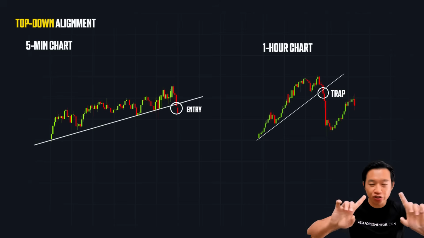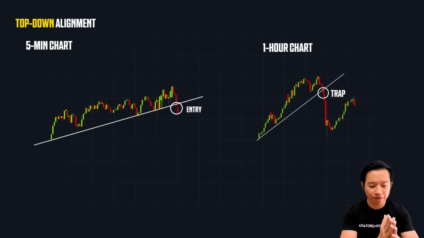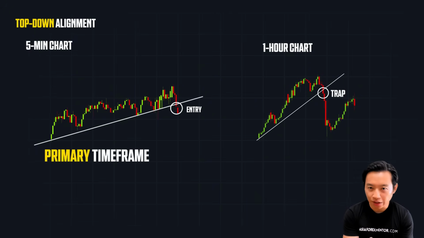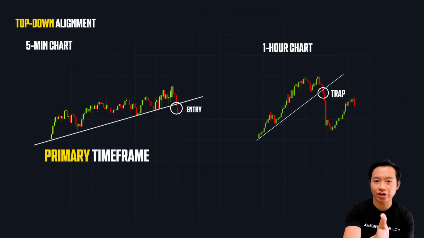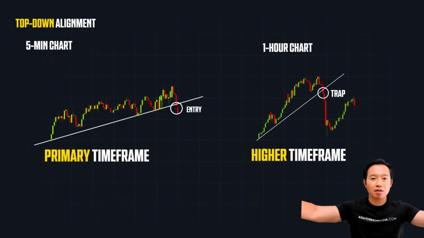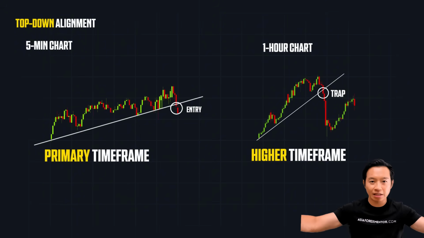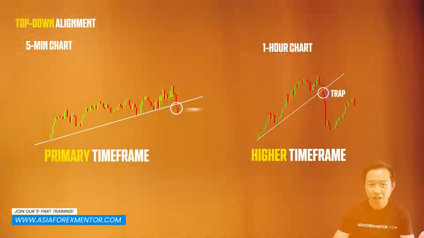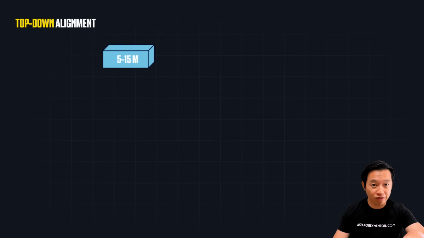All right. Every trader, regardless of style, has a primary time frame. They have their favorite trading time frame, the one that you execute your trades on. And the higher time frame tells you the bigger perspective, the broader context. So here's how it breaks down. If you are trading on the 5-minute or the 15-minute time frame, your higher time frame is the hourly.